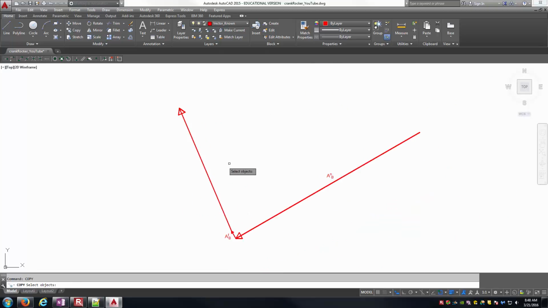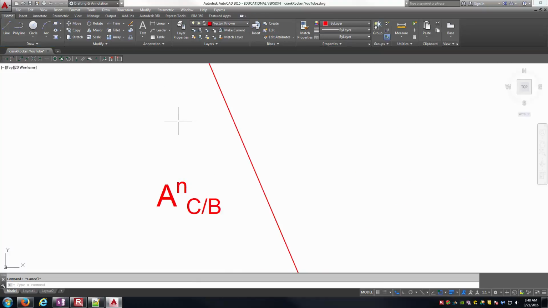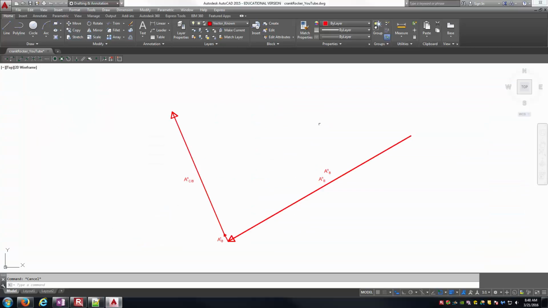This is the normal of C relative to B. And so there is the label for us. And so we've done the first three now, normal at B, the tangential of B, and the normal of C relative to B. Now we have the tangential of C relative to B term.